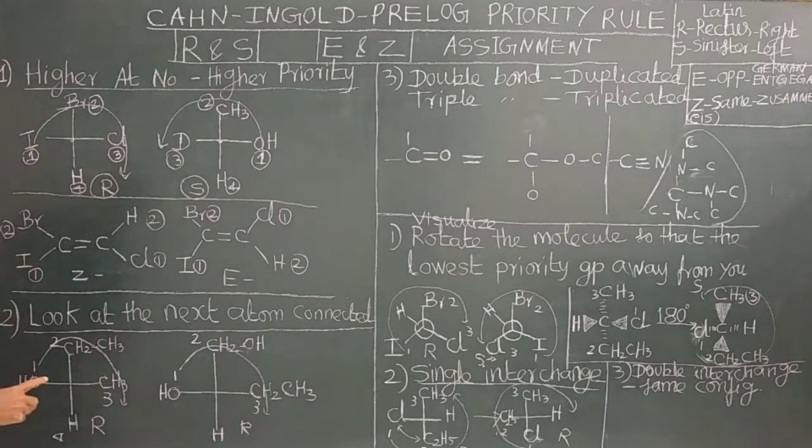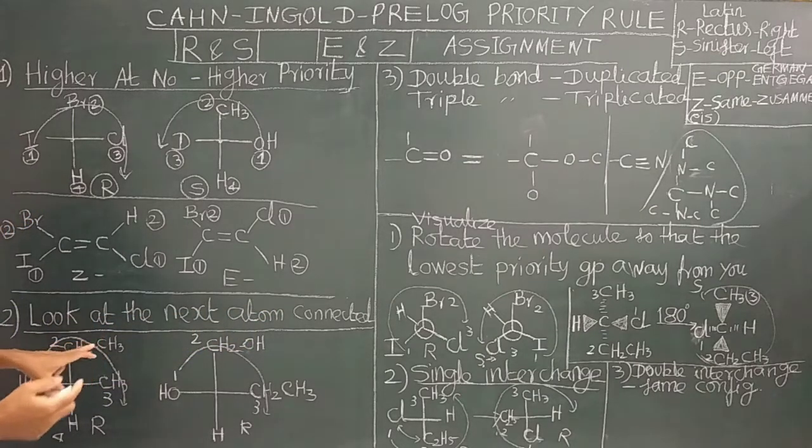For example, in this example, oxygen has the greater atomic number, therefore 1. Here both are carbon. These two groups are both carbon, but one carbon is connected to another carbon, and the other carbon is connected to hydrogen. Therefore, look at the next atom. Now the next atom is carbon.